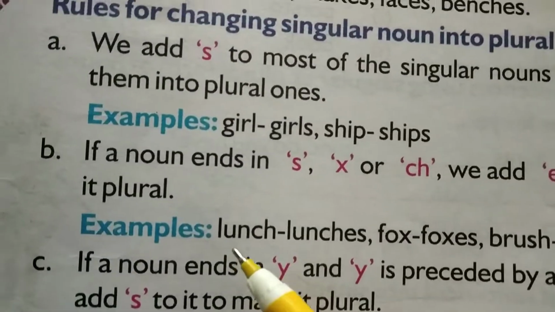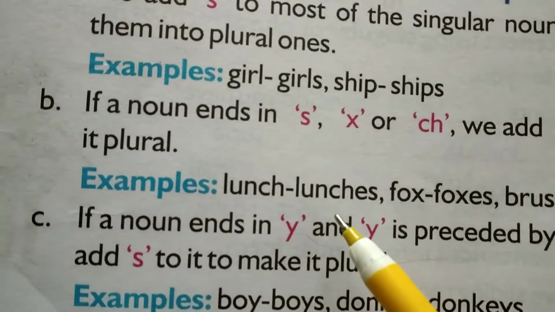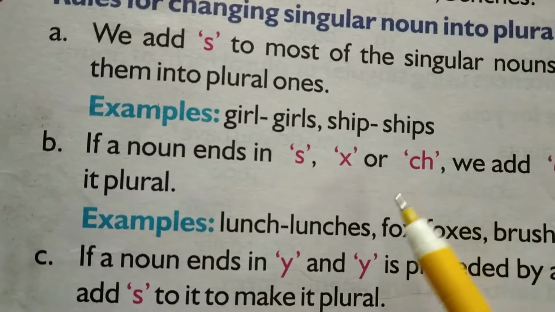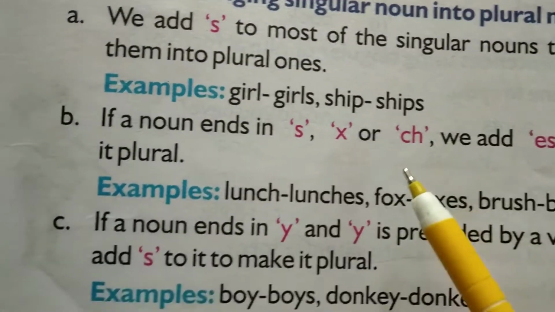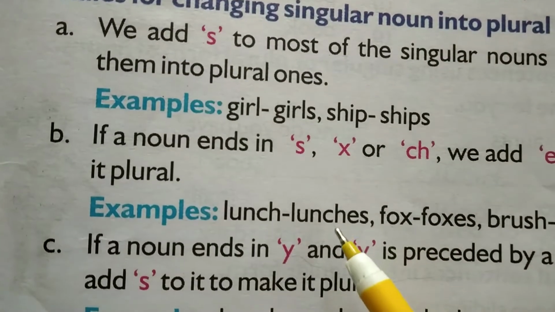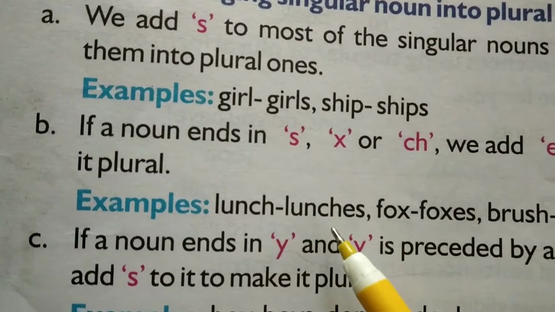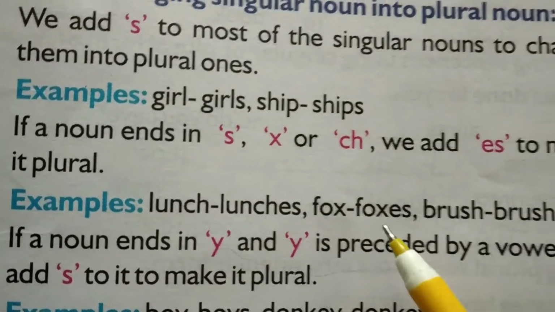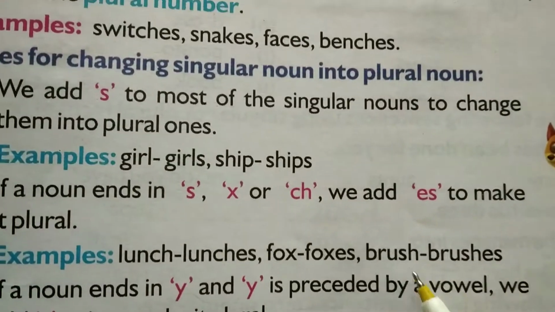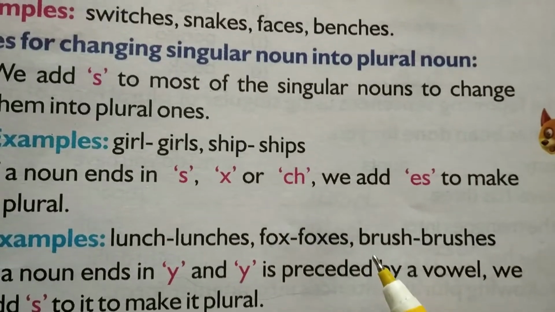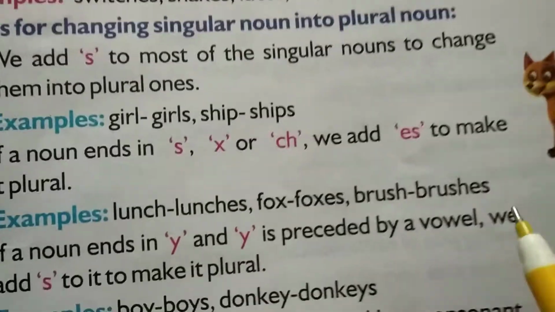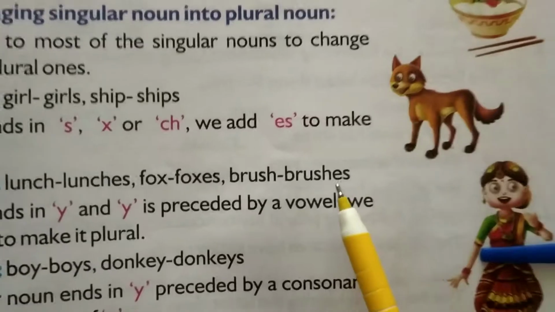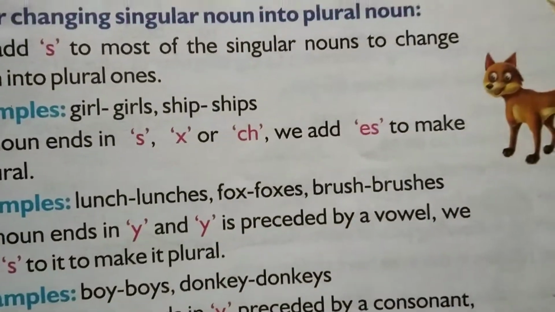Lunch: here the example is given, lunch will become lunches, because it is ending with ch, so the plural will be the spelling of lunch and adding es to it. Like fox, foxes. Brush, brushes, because in these nouns we have to use es.